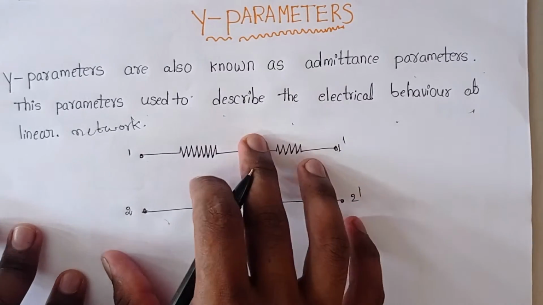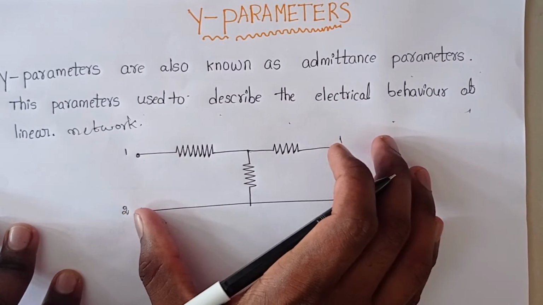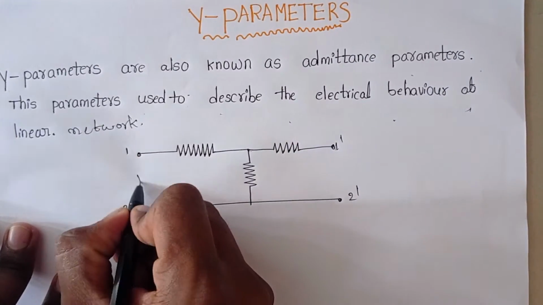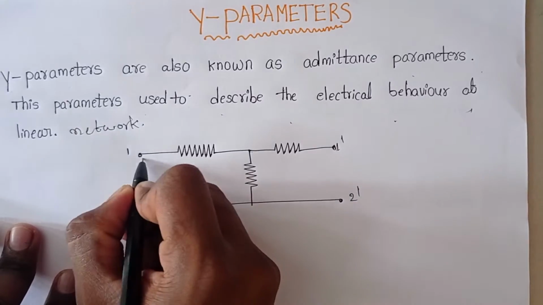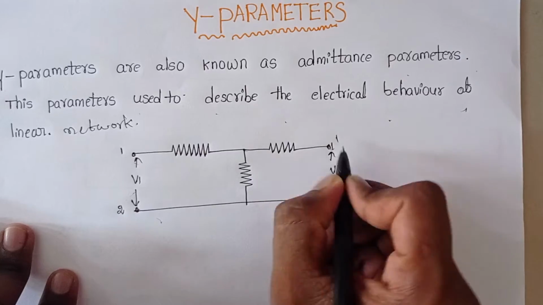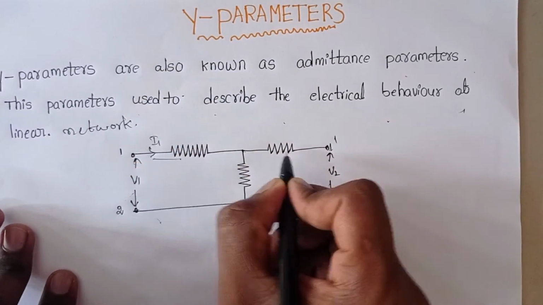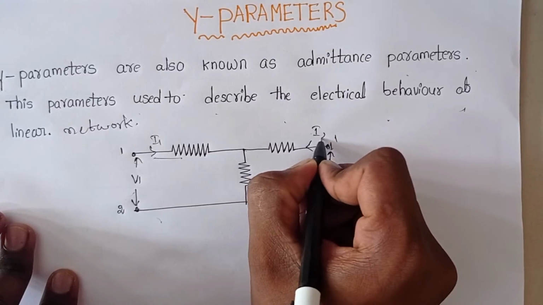In this two-port network, we apply two voltage sources and two currents. Those are the input voltage V1 and output voltage V2. The input current flowing through this branch is I1 and the output current is I2.